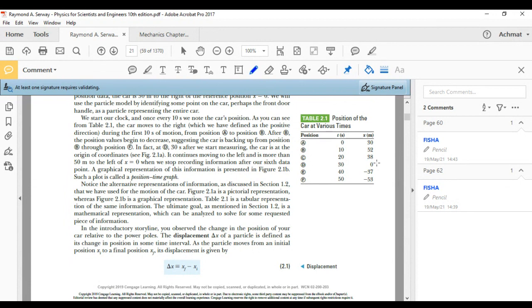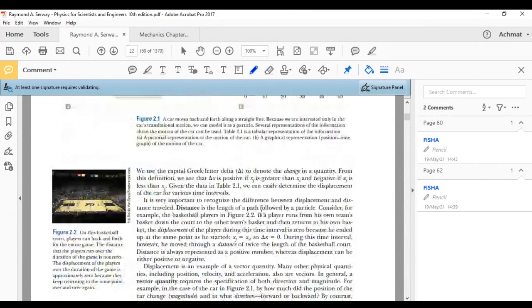And then I travel another distance from there to 0. So 38 meters. So I add 38. And then from 0 to minus 37, that is a distance of 37. So I add 37. And then from 37 to 53, that is a displacement of 16. So I add 16 to get my total distance.